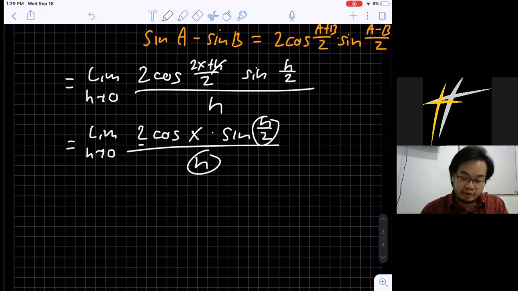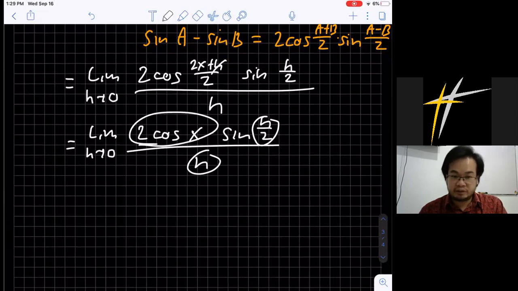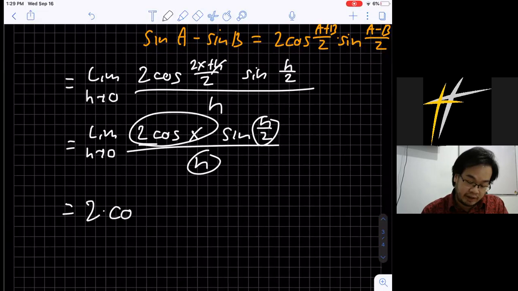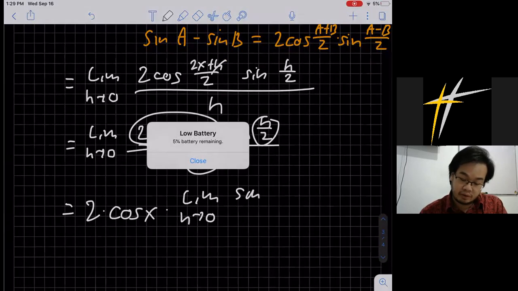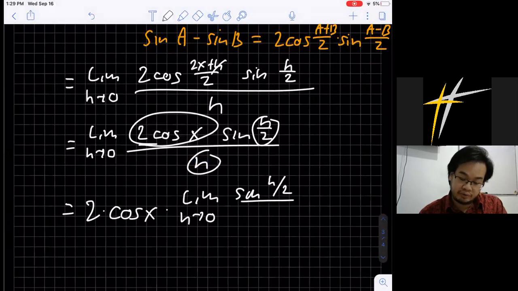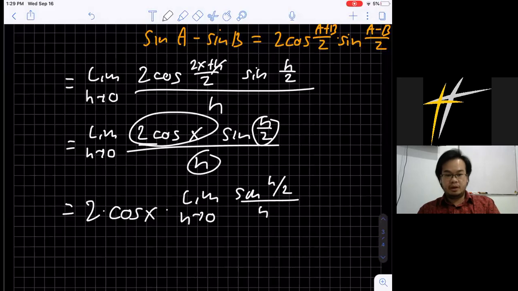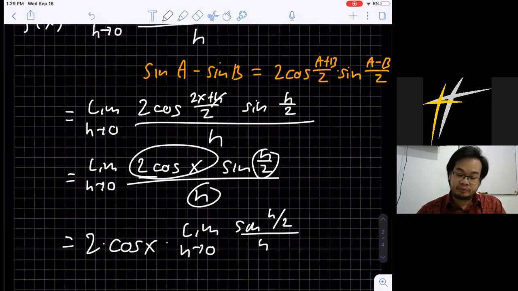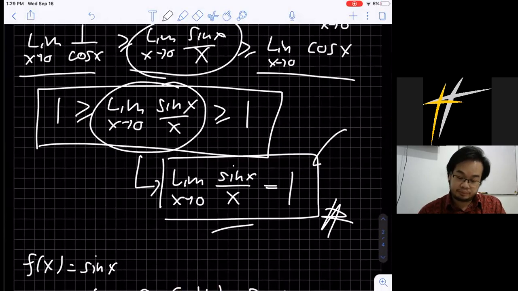This cosine part is already not in terms of h, so we can take it out of the limit. So it is equal to 2 times cosine x times the limit of h approaching 0 of sine of h over 2, over h.